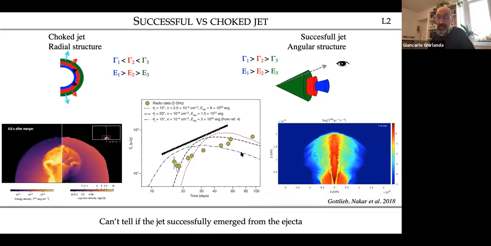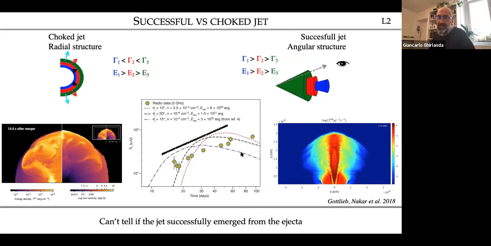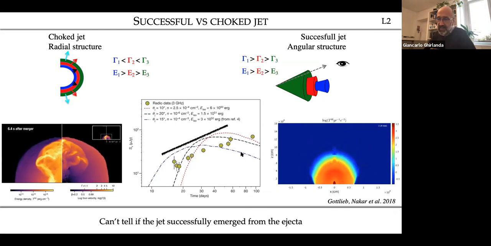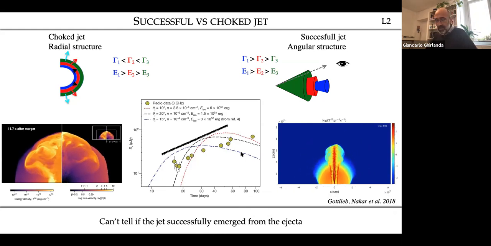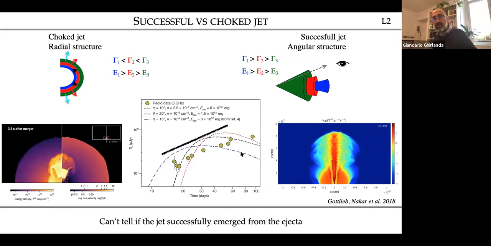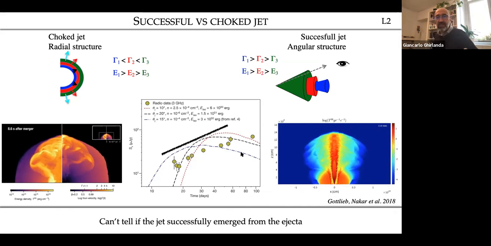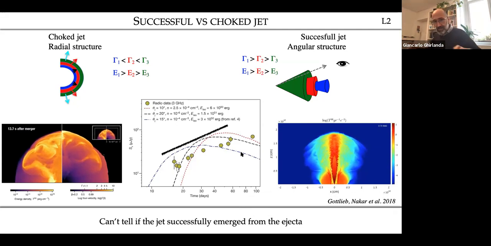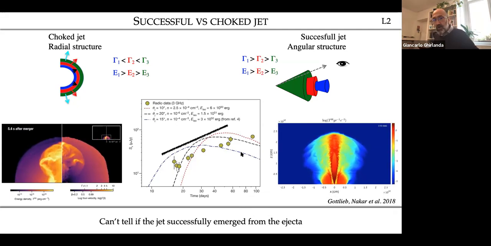But in reality, this is not the case. The evolution of the jet is treated self-consistently and uniformly within the total opening angle of the jet, which can be several degrees up to 90 degrees, with its structure of both the Lorentz factor and the energetics.